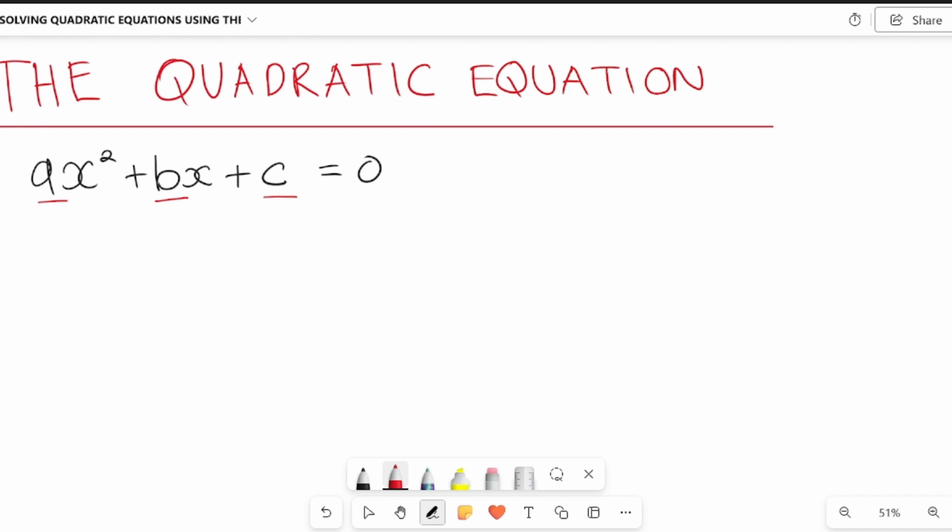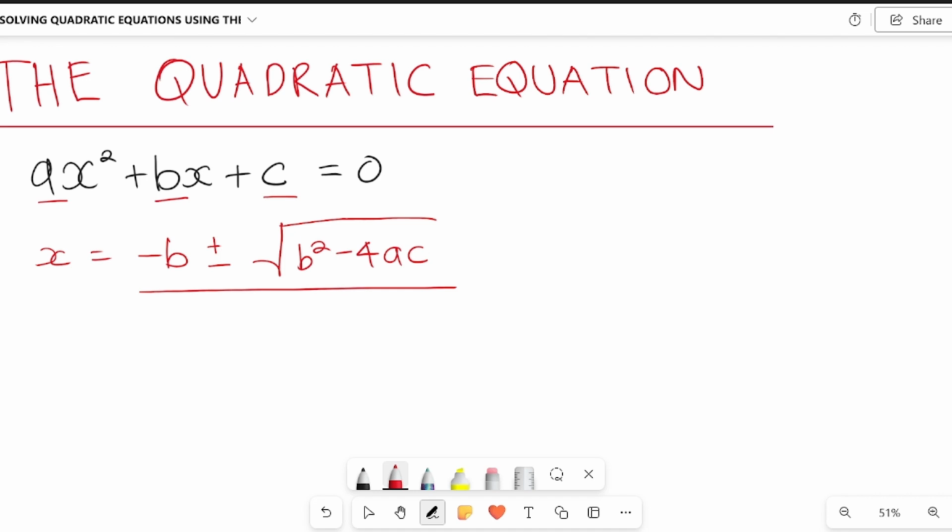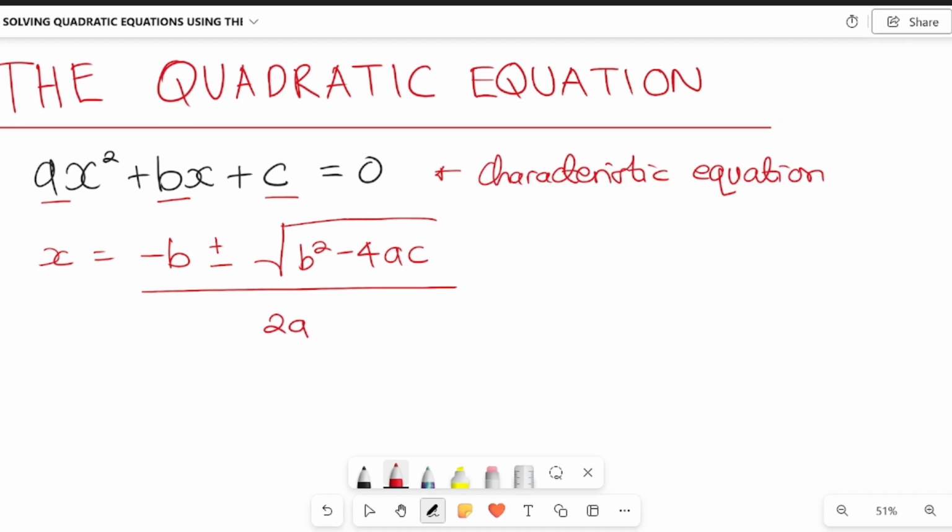The quadratic formula is written in this form: x equals negative b plus or minus square root of b squared minus 4ac, all over 2a. And this formula gives the roots for all quadratic equations. Now the terms a, b, and c in this formula are similar to the terms a, b, and c in the characteristic equation above.